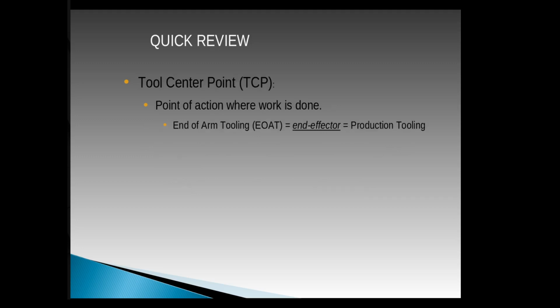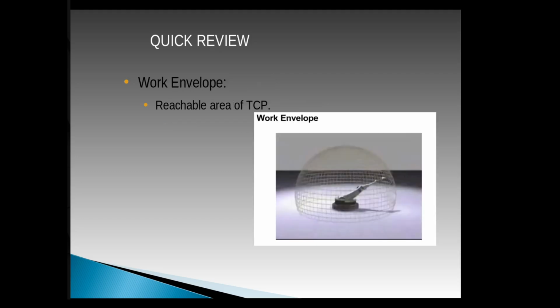Okay. The tool center point is the point at where the work is to be done. So without a tool attached to the robot, we have the face plate, and the tool center point is the center of the face plate. But when we apply some type of end of arm tooling or end effector, we have to redefine the tool center point based on the device attached.